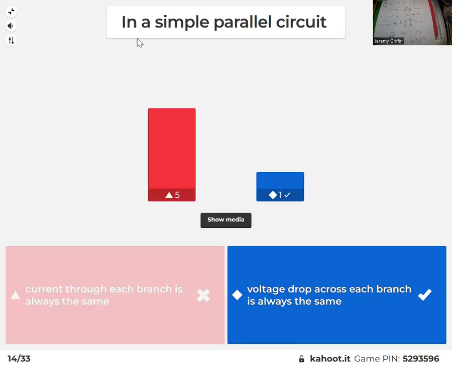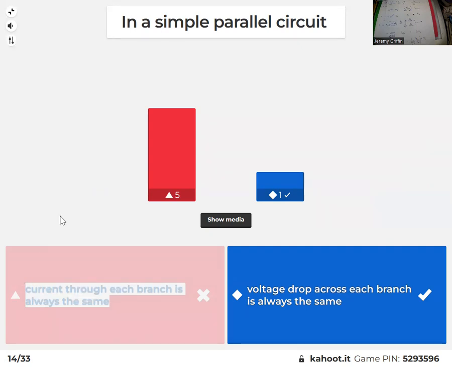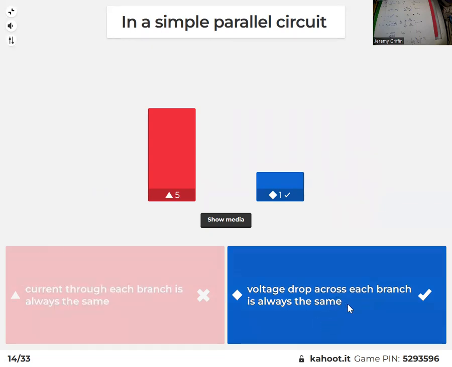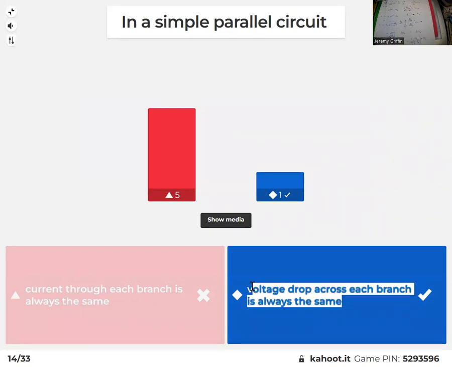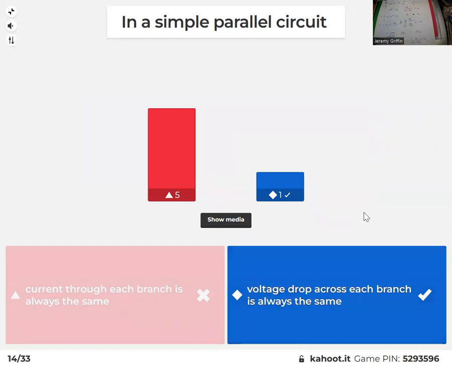Ho, ho, ho. So the current could totally be different. The only case where the current would be the same is if they were all the same resistance. But that doesn't have to be it. But the voltage drop does have to be the same, and I'll show you guys why. Let me flip over. All right.